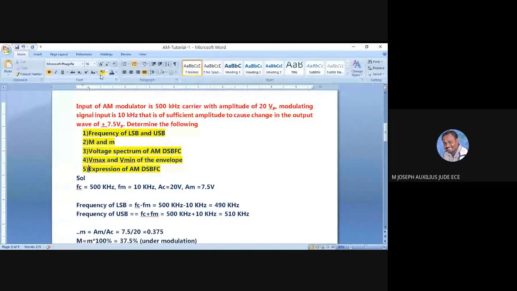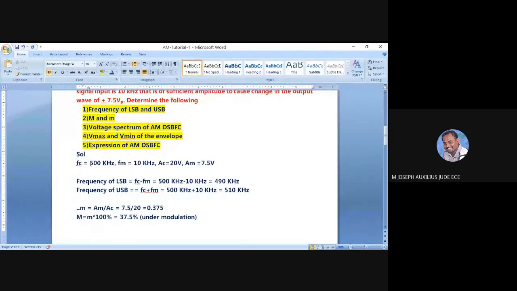What is given in the problem is the carrier frequency and its amplitude, and the message frequency and its amplitude. You are asked to find the following things. First, how the frequency of the LSB and USB can be found out.